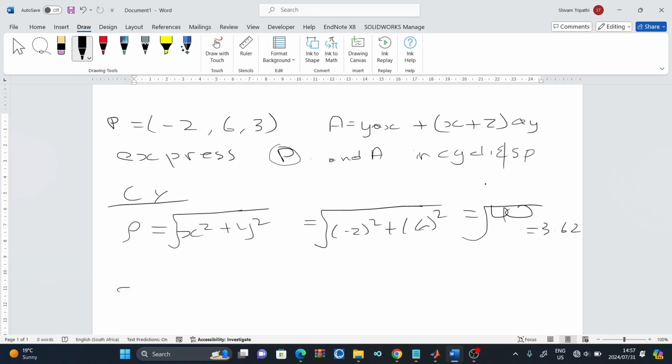To get the phi, because for cylindric we know our z value will be the same, it's tan inverse of y over x. Sorry.